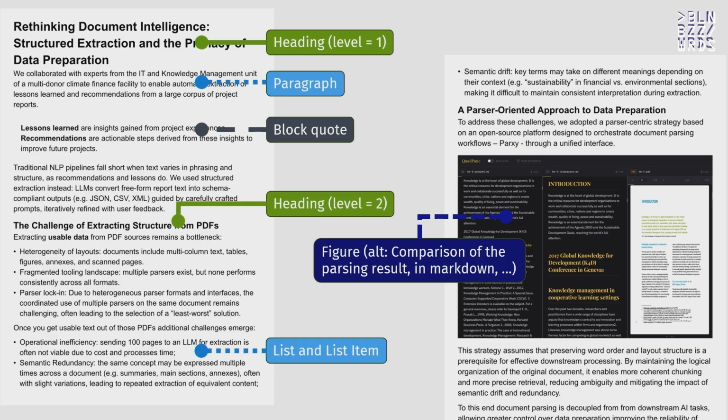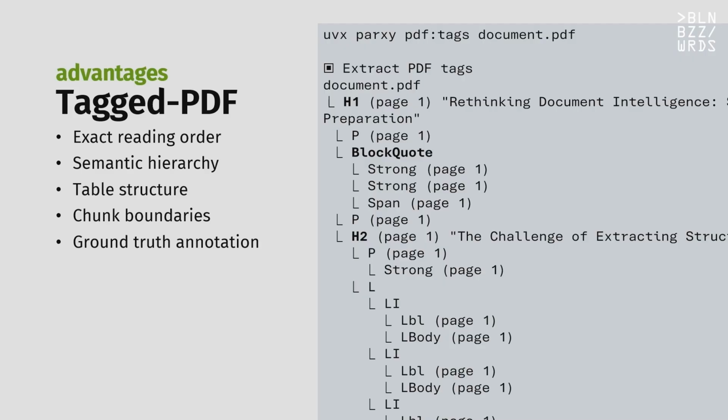These elements are all connected to the page in which they appear. So you can also use them for validating, for extracting the reading order, which was the intention of the user, for extracting table structures, and also for chunk boundaries for splitting up in the next steps of your pipeline.